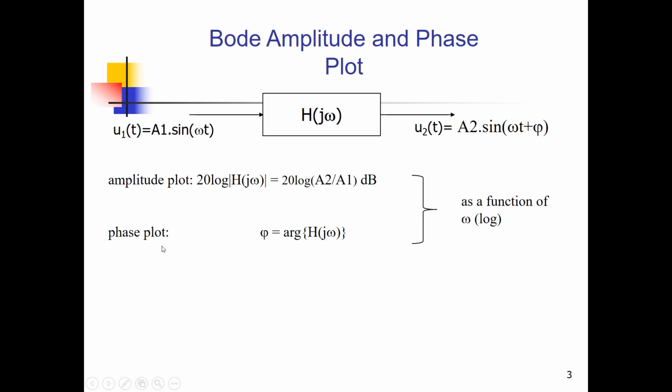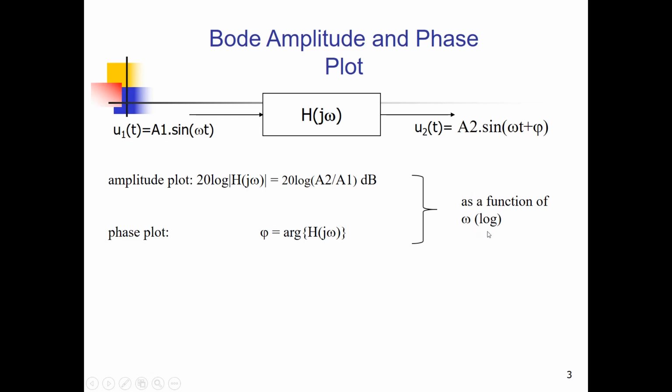So how do we do it? We have two plots, and on the horizontal axis we plot omega, the radial frequency, which is of course the same for the input and the output signal.